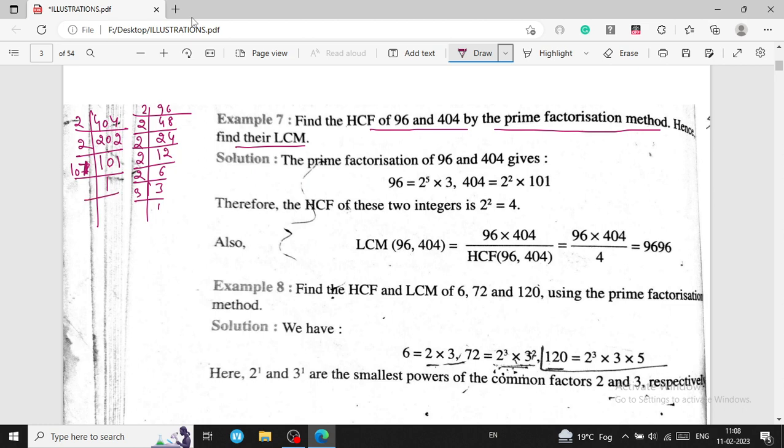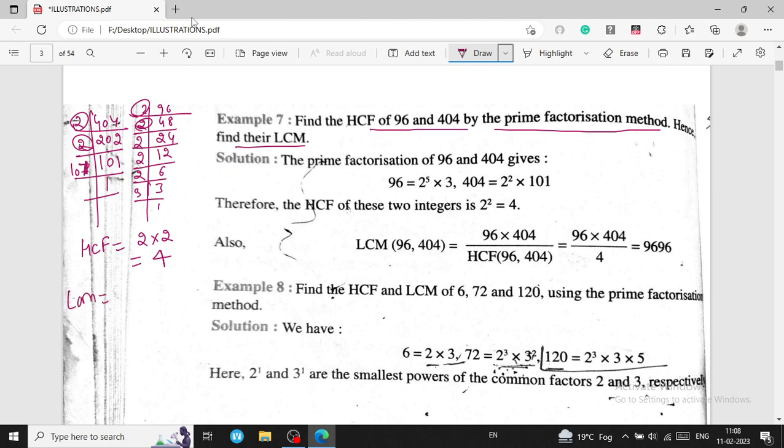Taking the factors of 96 and 404, these two 2s will be taken common and the HCF will be 4.